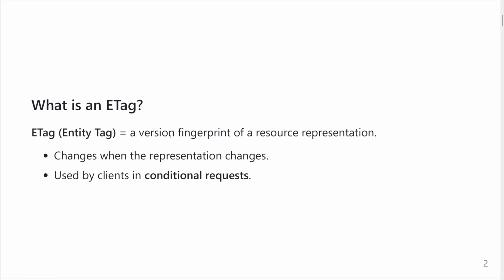You receive, let's say, an address that you are correcting, but someone on the side or some service already corrected it, and maybe it's different, and you don't want to force the update. You want to be advised by the system: hey, you are providing me that, but it's already updated by someone else. What do you want to do? I can give you the new version and you do whatever you want with that data. And you can accomplish that with this ETag, and you'll see in a moment how.